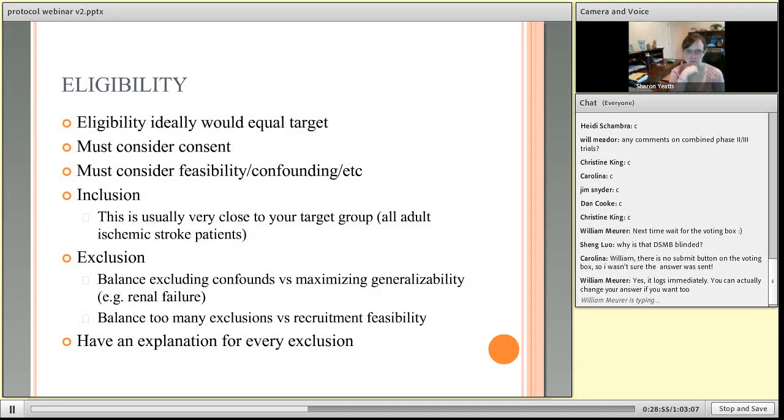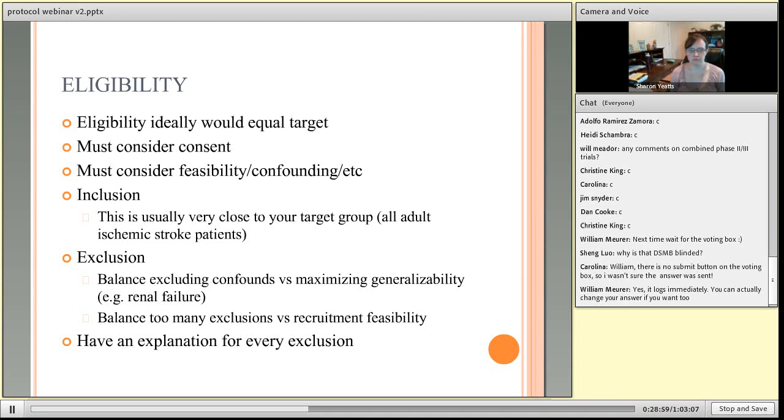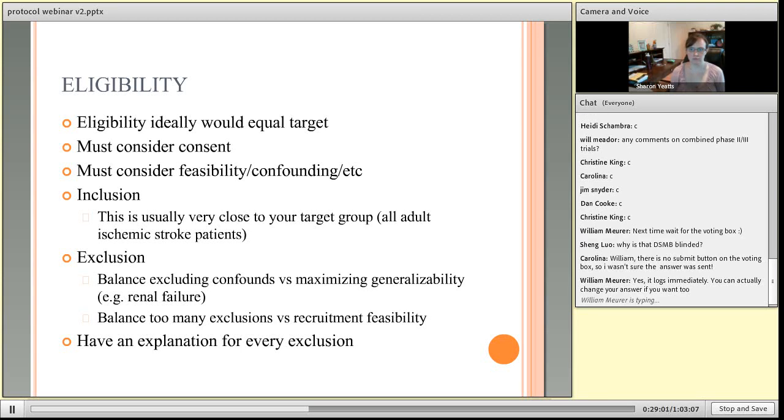Okay, so with that, once you understand who your target is, we want to start thinking about how you operationalize the eligibility criteria so that you are capturing as many of the target population as you would like to capture. So ideally, your eligibility would exactly match your target.